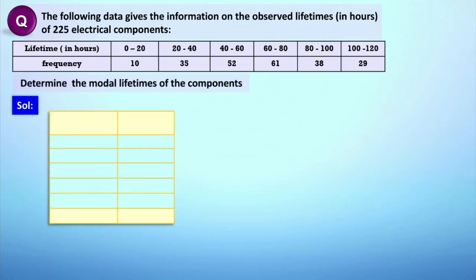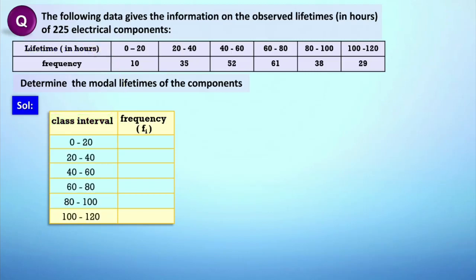Now from that table, we need class interval and we need frequency. From there, we will be taking the lifetime as class intervals and we will be taking frequency as 10, 35, 52, 61, 38 and 29. Now from these, we know that the maximum frequency will give us the modal class.